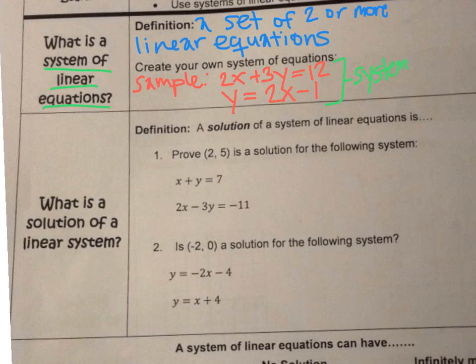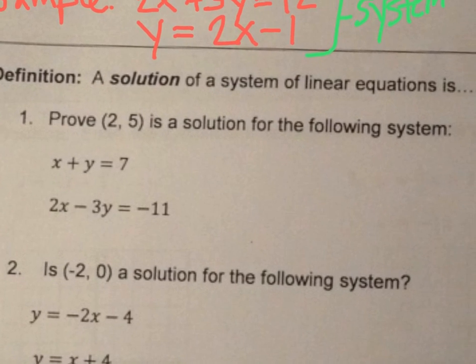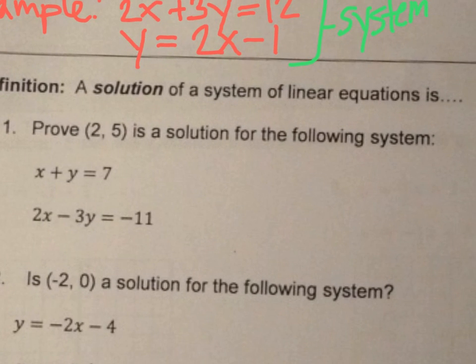So now we're going to talk about what is a solution of a linear system. Well, that's actually one of your vocab words, solution of a linear system. And the definition is a solution of a system of linear equations. Now, first of all, a solution is actually going to be a point. So in other words, it's going to have an x and a y.